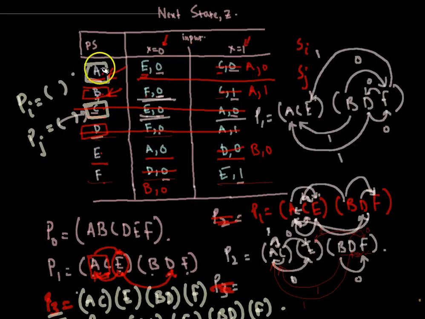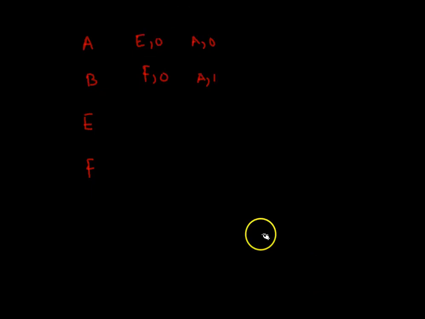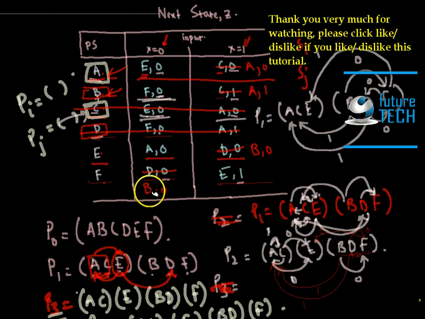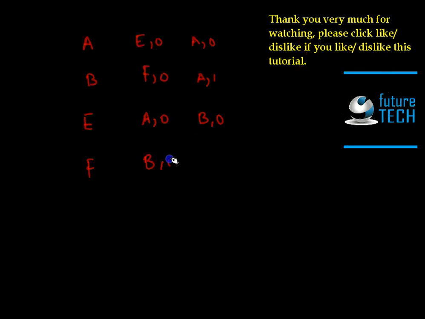Then A0, B0. Then B0, E1. This is for x equal to 0, this is for input equal to 1.